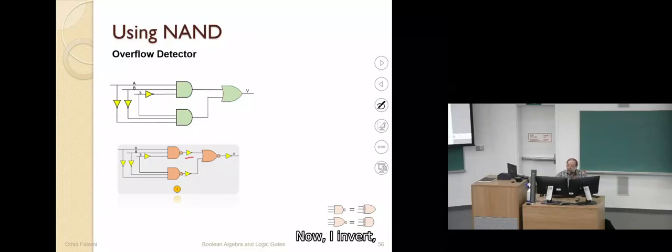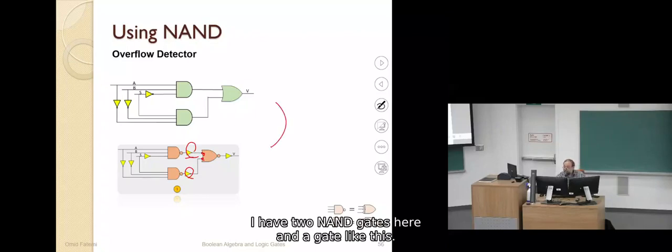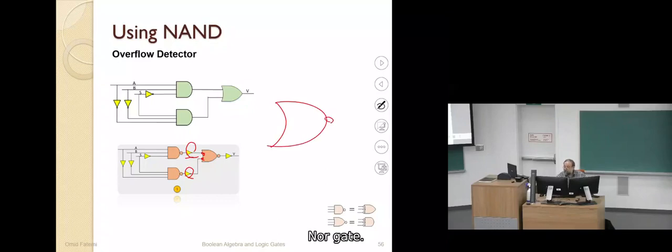Now, this invert, I put it here as the input of my OR gate. And this, I put it here as the input of the OR gate. So now what do I have? I have 2 NAND gates here and a gate like this, a NOR gate with 2 knotted inputs.